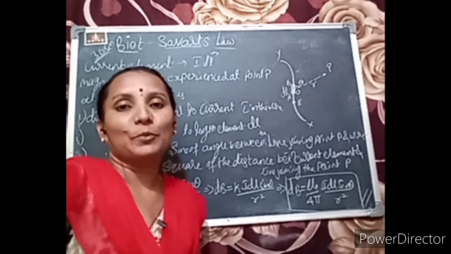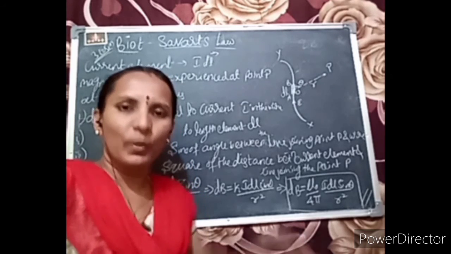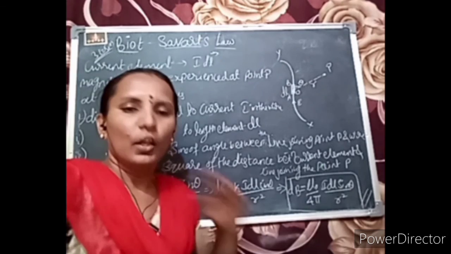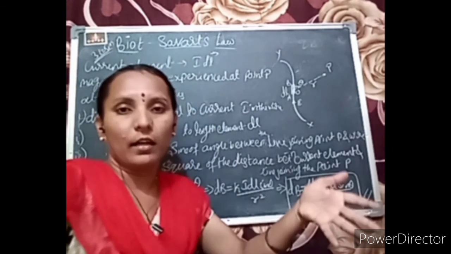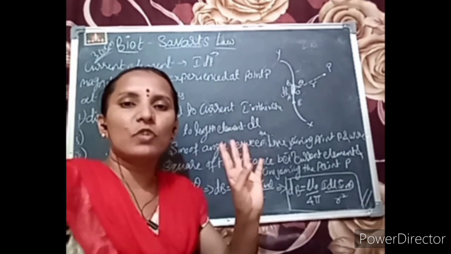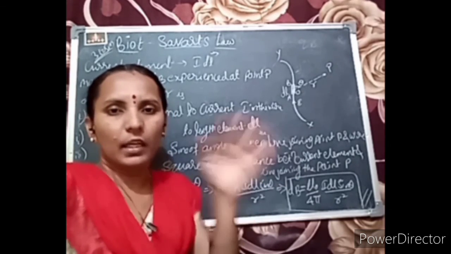Idli. Why do I call it idli? Ideal. Where is one more I? It is not there. The pronunciation is only for understanding and recalling that formula. If you write ideal with an I, you will get confused about what the other I means. The first I is current, the next is dl, that is the length element.